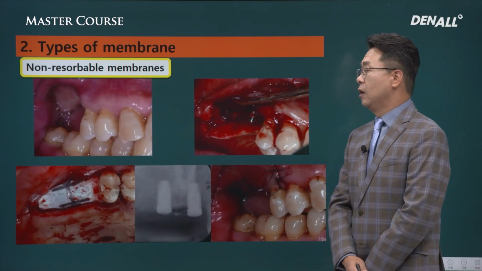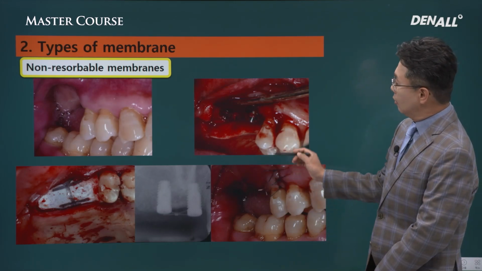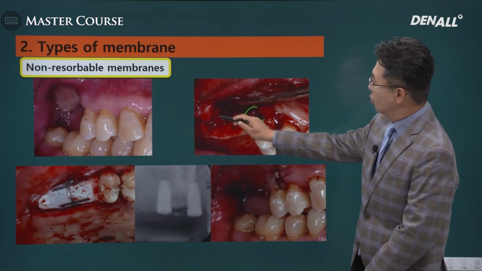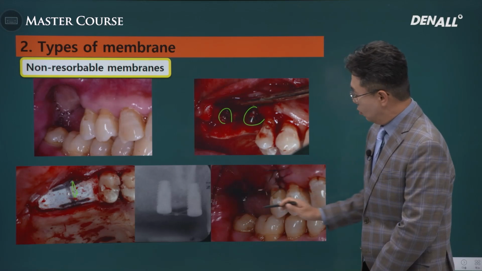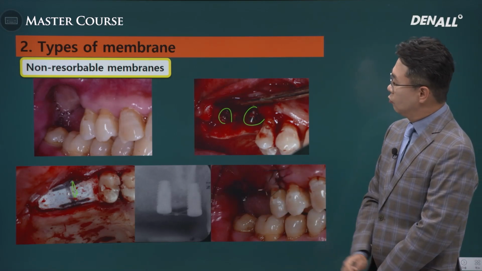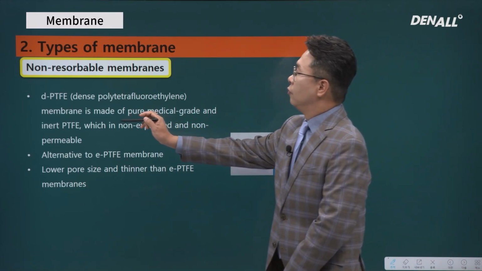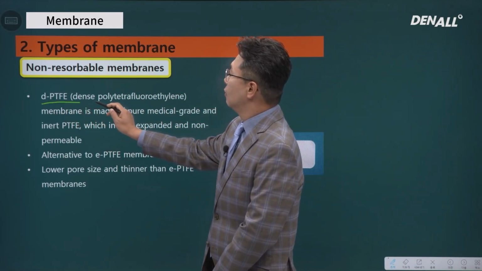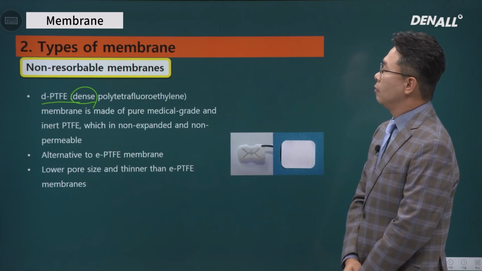DPTFE was introduced to replace ePTFE. If there is a vertical bone defect, in the past, people used ePTFE membrane to do vertical reinforcement, but now DPTFE membrane is used. This is a dense polytetrafluoroethylene membrane.